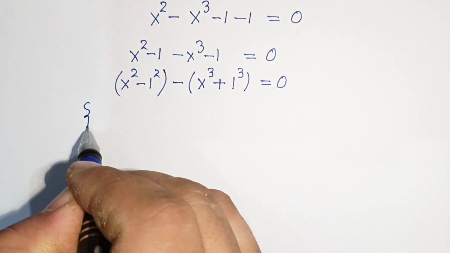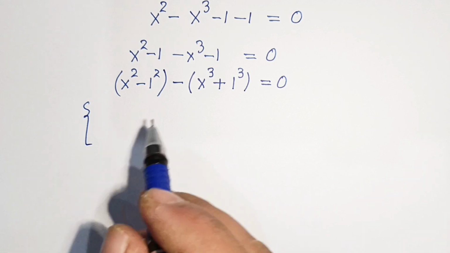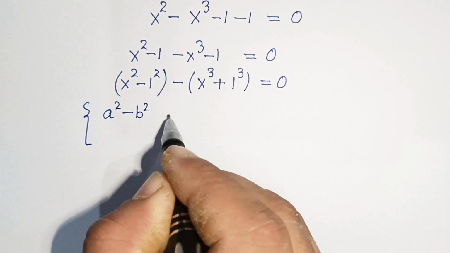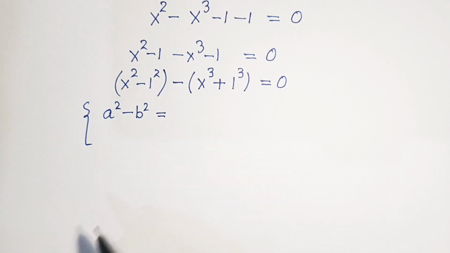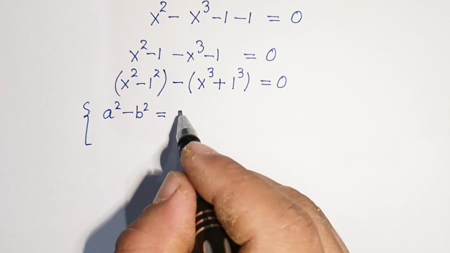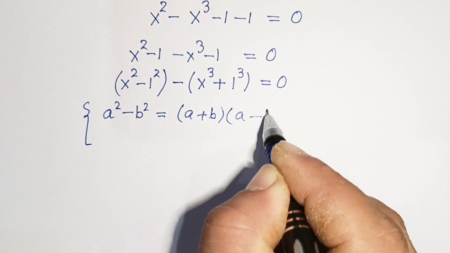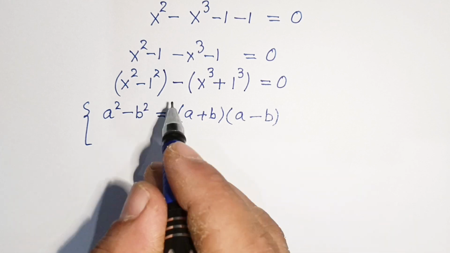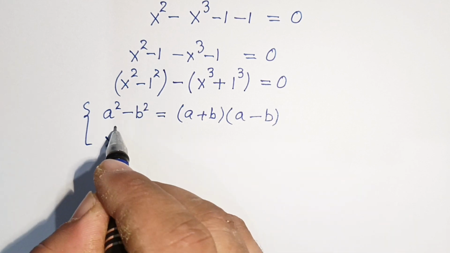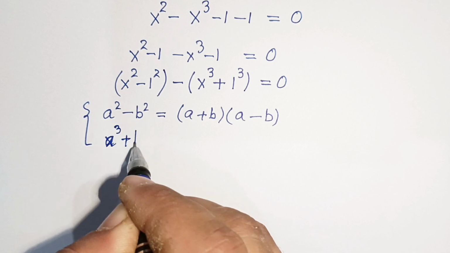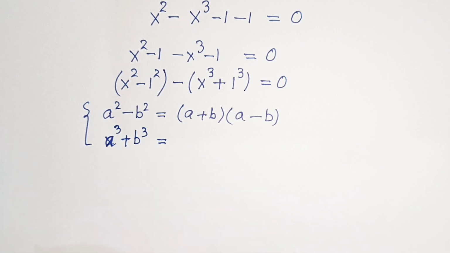Using here algebraic laws, if we have a squared minus b squared, then it is equal to what? So we know that a squared minus b squared is equal to a plus b times a minus b. Do you have any idea about if we have a cubed plus b cubed, what it is equal to?